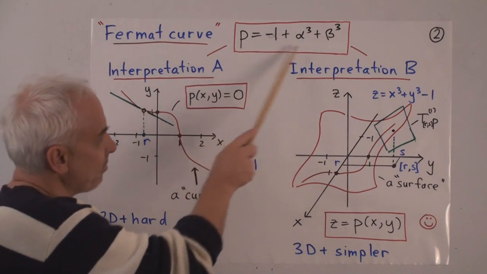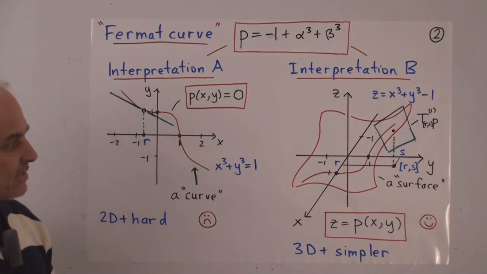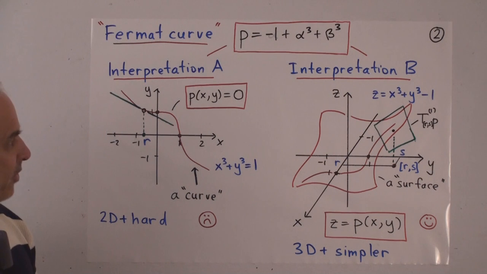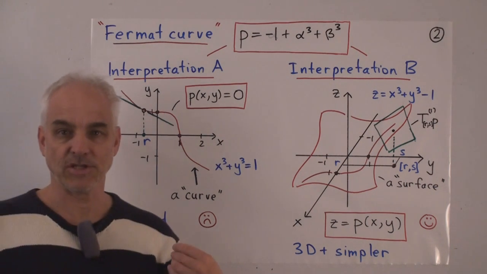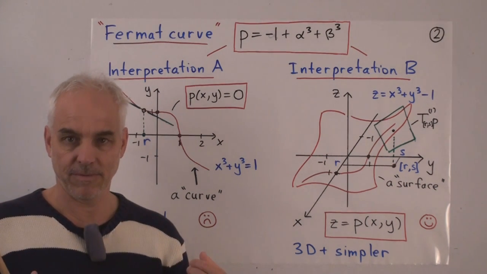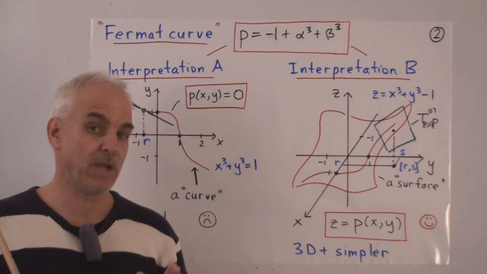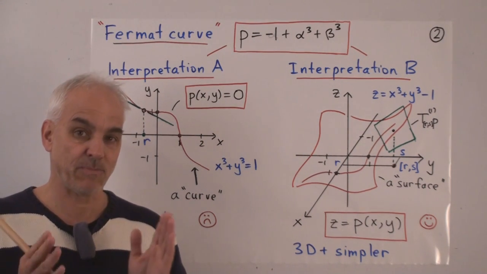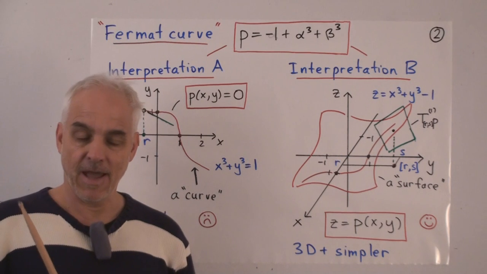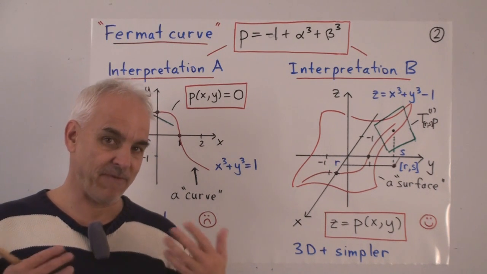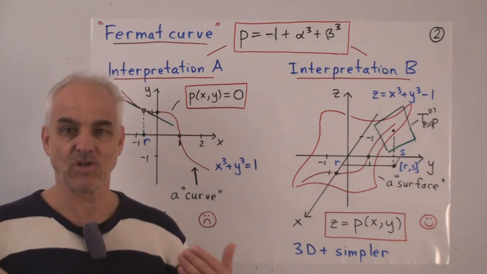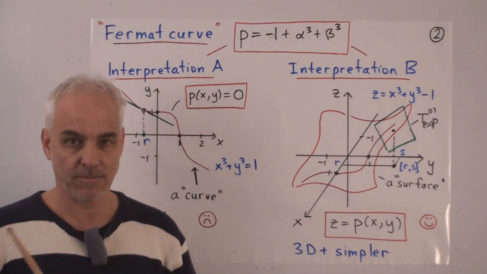Now, when we talked about bipoly numbers like this some time ago, I told you that there were a number of different interpretations of such a polynumber. There are different ways of visualizing or imagining what this expression represents. And I explained that we have to sometimes have a flexible attitude as to what interpretation we're going to be using.